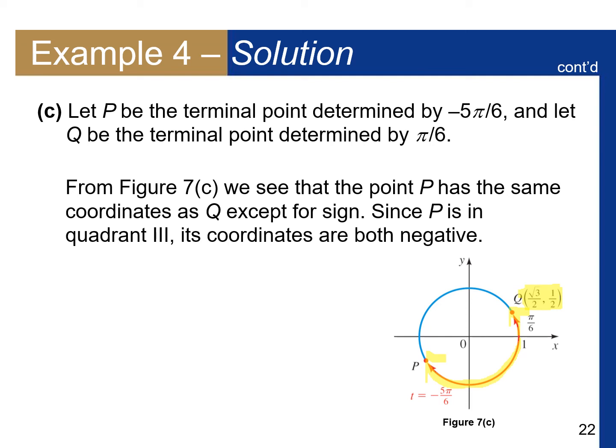You have to study it to know it. And since that's the case, if I think about going 5 pi over 6 backwards or clockwise, then I'm going to have a negative value of what was positive. So it's now negative square root of 3 over 2 and negative 1/2.